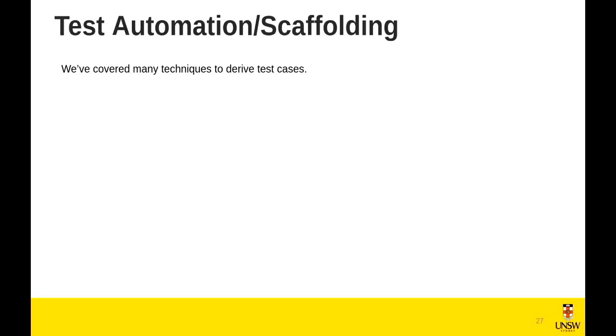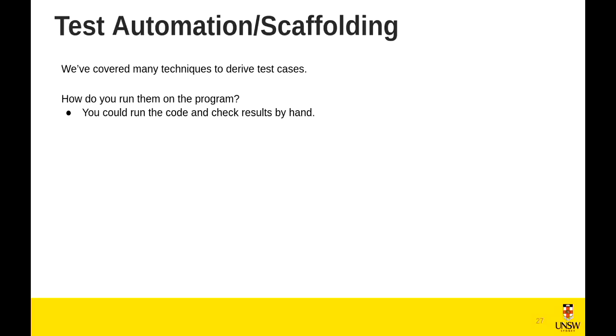So we have covered many techniques to derive test cases at different levels. And how do you run them on the program is the actual problem here. Of course, once you have generated the test cases, you can run the code and check the results manually.